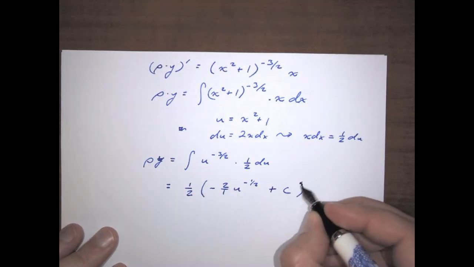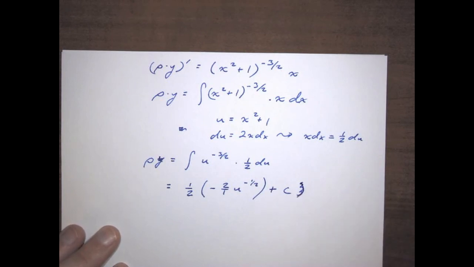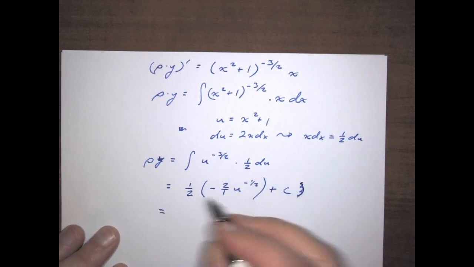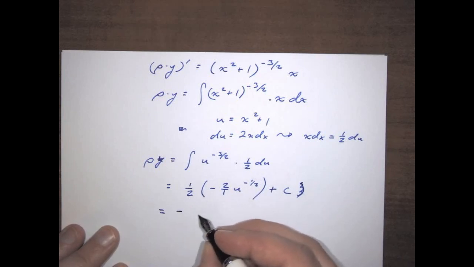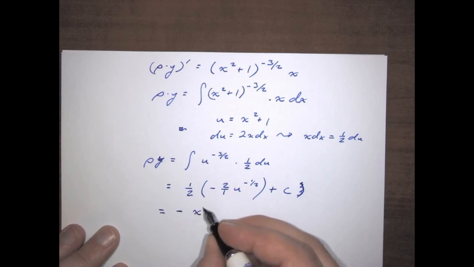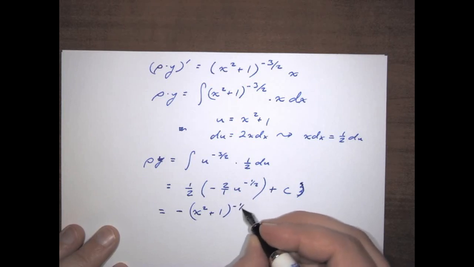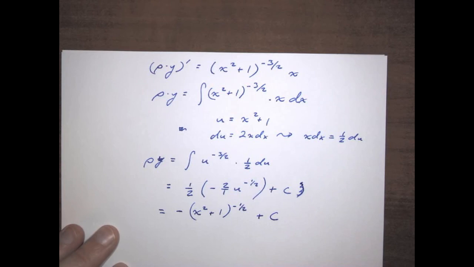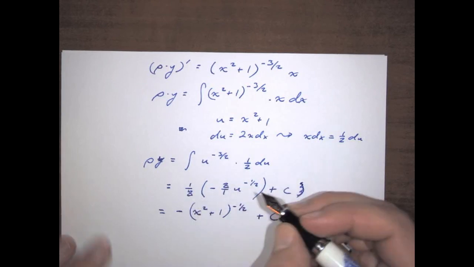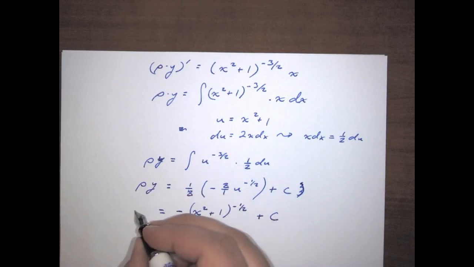Or actually, I guess really plus c right there. And then those cancel a little bit, and we remember what the u actually is, and so we're going to have a negative, and then here this is x squared plus 1 to the negative 1/2 plus c. And that's what rho y is equal to.